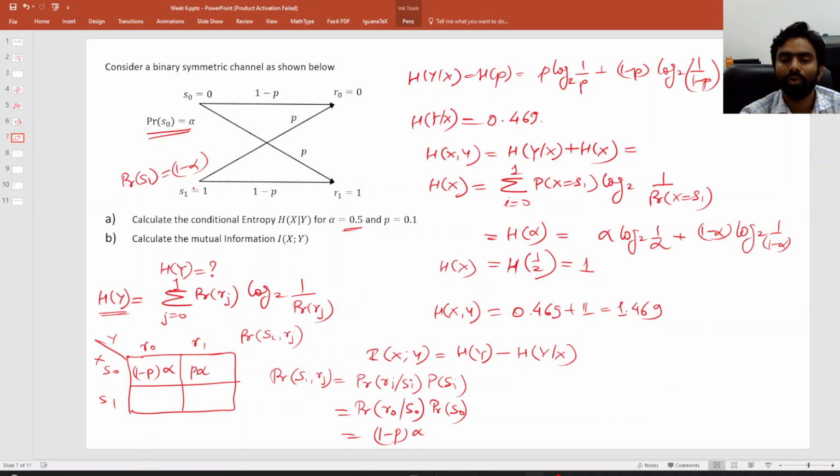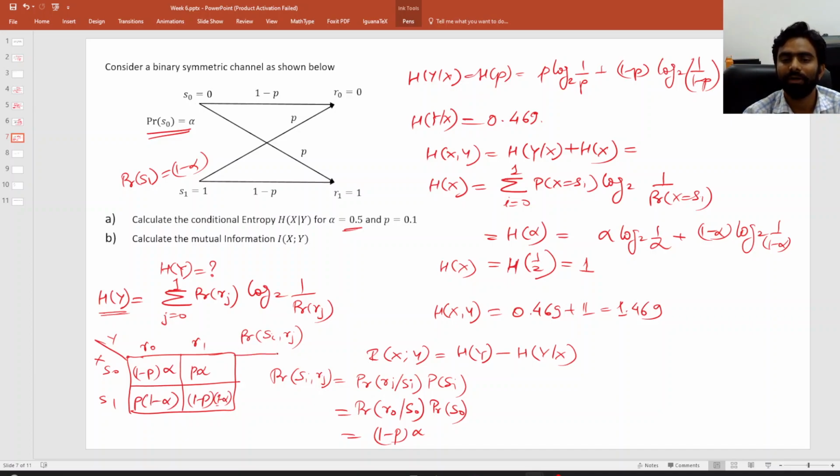So here also S1, R0: the probability is P, and what will be there into S1, that is 1 minus alpha. And here it would be probability of R1 given S1, that is 1 minus P, and probability of S1, that is 1 minus alpha. So we have formed the table.